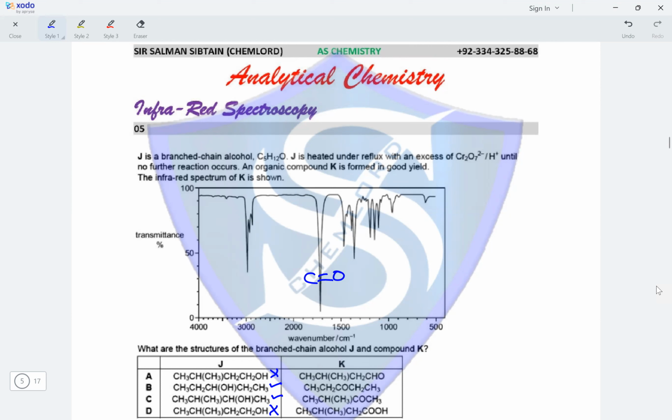In option B, the third carbon should be the one with the C=O group present because that is where the OH group is. So K corresponds with J. Whereas in C, the second carbon from the right has the OH group, and here the second carbon from the right has the C=O group.